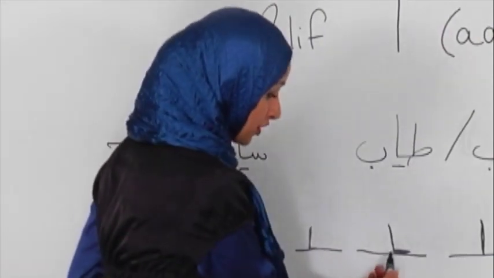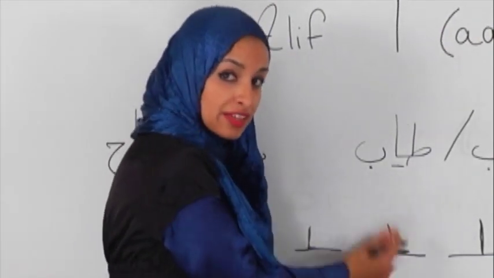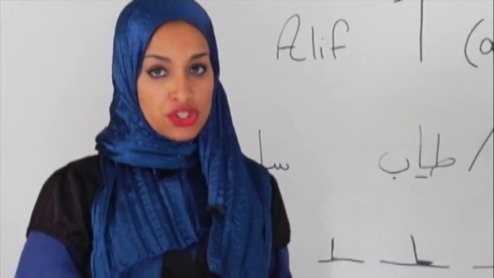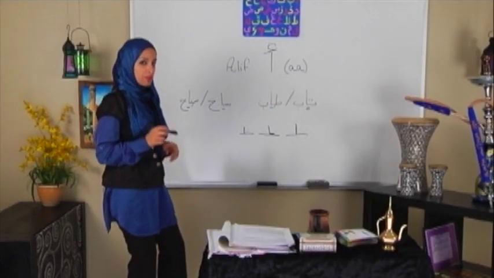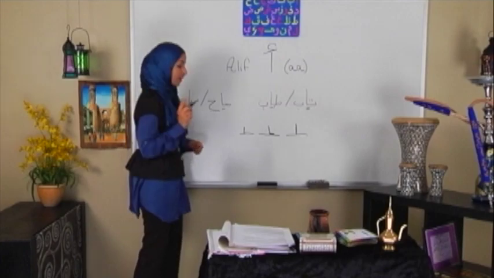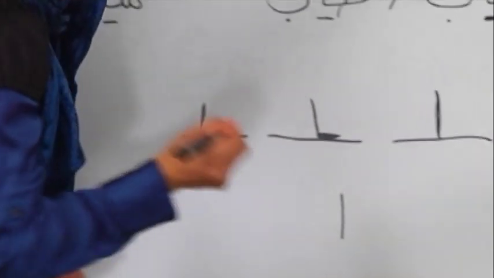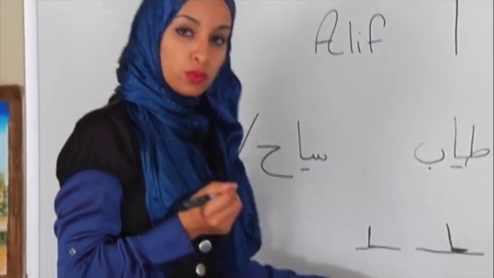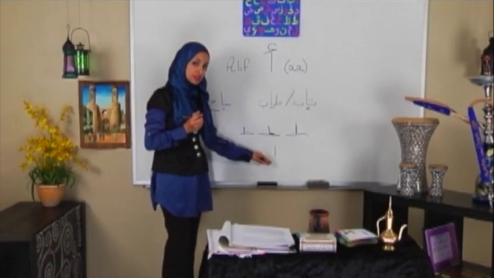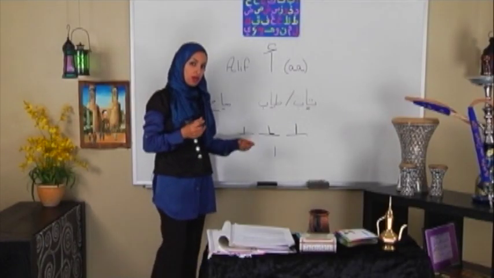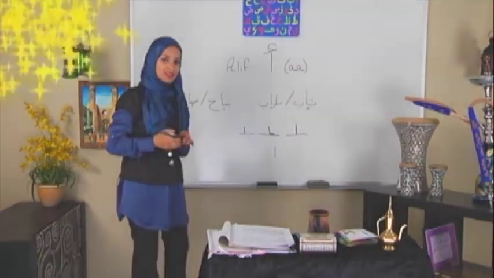Okay? And if there's a letter that comes after the alif anywhere, it will never connect to it. Now, a good tip to remember when writing the letter alif is once you're done writing it, to pick up your pen. That will remind you that this letter does not connect with the letters that follow it.